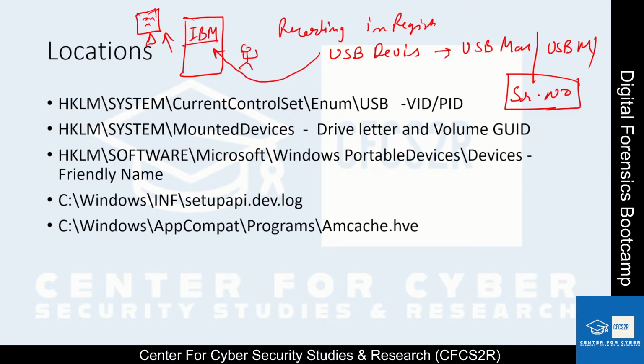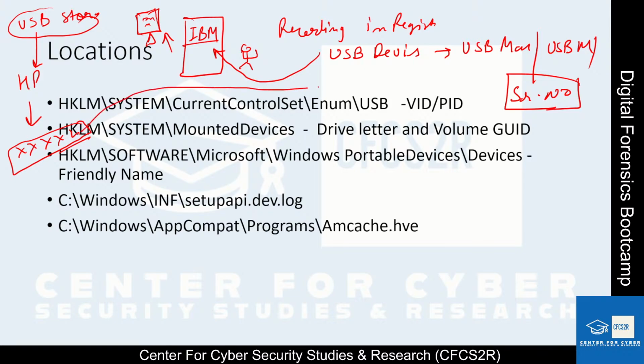While doing the USB forensic examination, they found that a USB storage device of HP with serial number XXYYZZ was used to propagate the malware. So this particular USB's details are already available in this register, yes or no? So now you can relate how forensics can be helpful. You can match these details with the register.